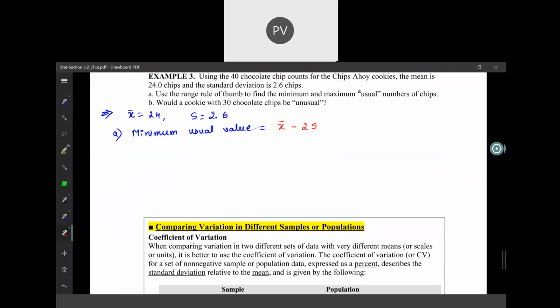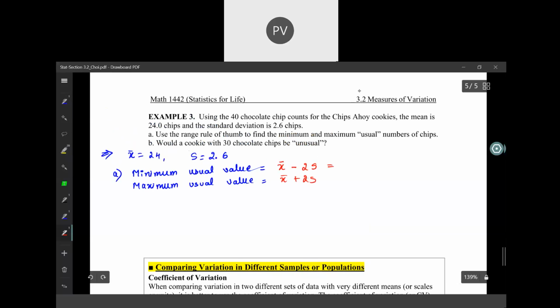And what is the maximum usual value? It will be equal to x bar plus 2 times s. Now what is x bar? 24 minus 2 times 2.6. Tell me the value.